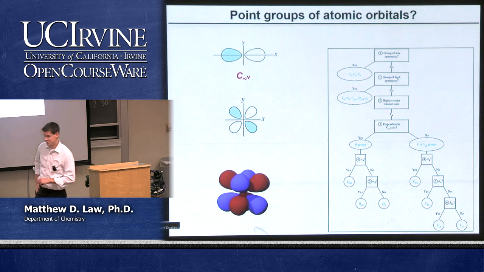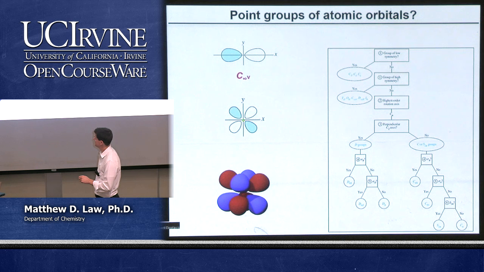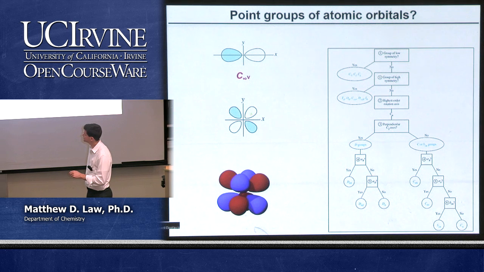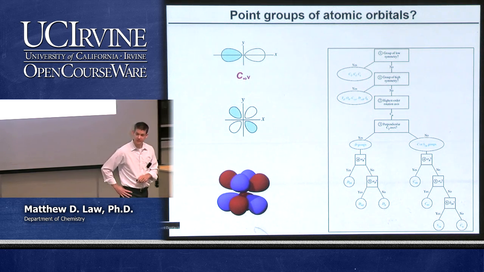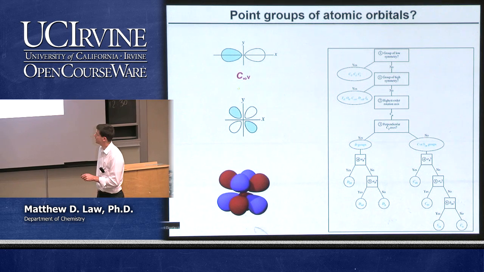So we would have a C2 axis as the principal axis. And in this case, it's just the most convenient to pick the z-axis as the principal axis, right? If you do 180 degrees, this blue lobe rotates into that blue lobe. This white lobe rotates into that white lobe, okay? And we have perpendicular C2s, right? We have a perpendicular C2 along the y and a perpendicular C2 along the x, right?